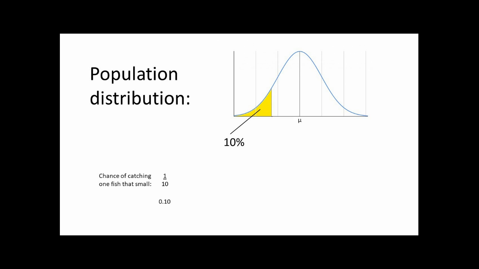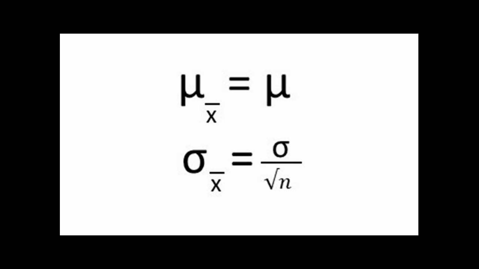But if I catch 3 fish, then there is a 1 in 10 times 1 in 10 times 1 in 10, or 1 in 1,000 chance of catching all 3 fish from this region. It works out that the standard deviation of the sample means equals the population standard deviation divided by the square root of n, our sample size.